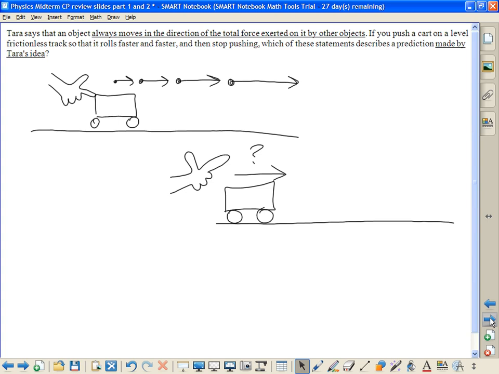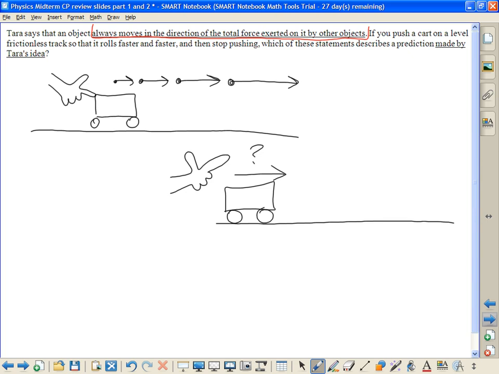Let's read the question again after you made your sketch. Some things are underlined here. That must be important. Tara says an object always moves in the direction of the total force exerted on it by other objects. What is moves in the direction? Is it velocity, acceleration, something else? Okay, speed.